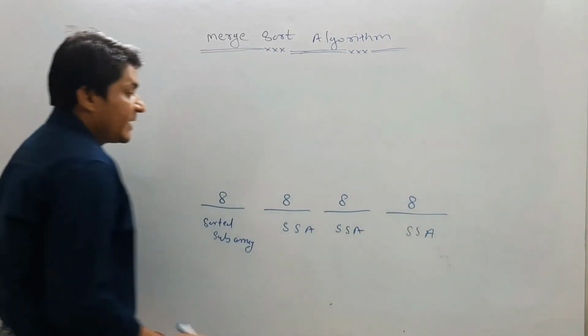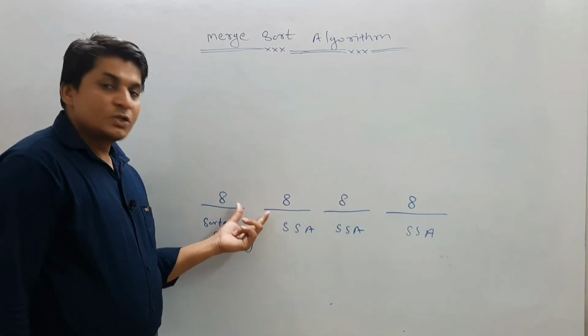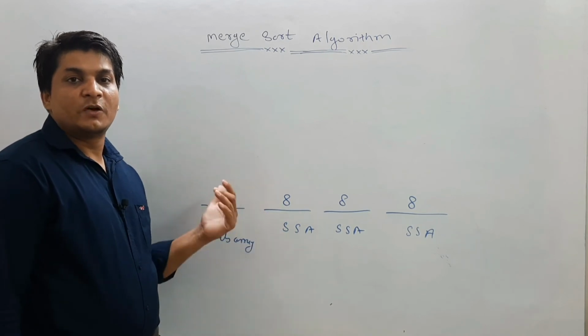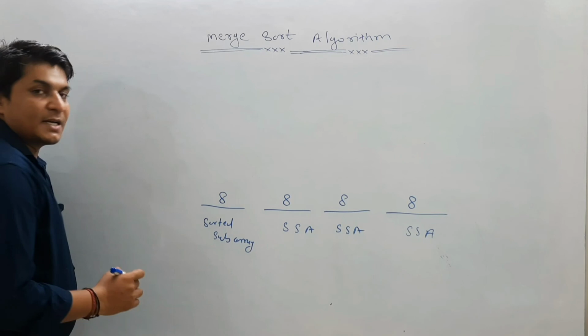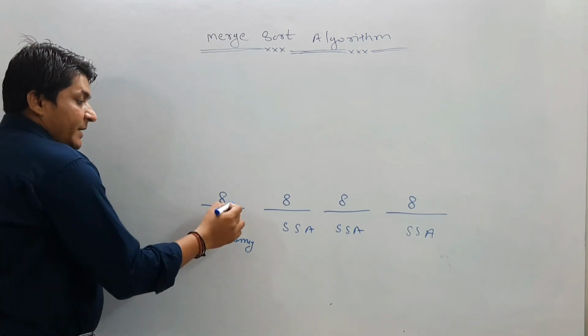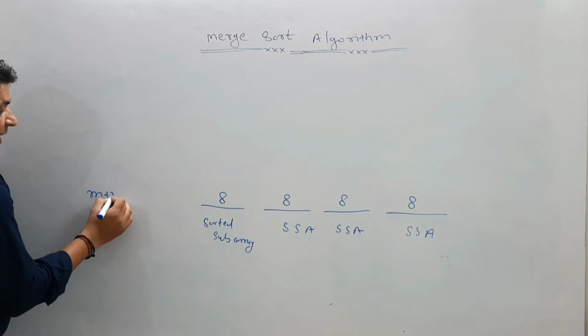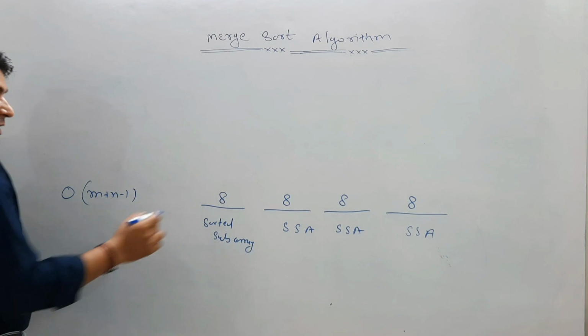Now what they are asking is, if you merge all these sorted subarrays, what would be the maximum number of comparisons in the worst case? See, in the worst case we know how many comparisons it will take: m plus n minus 1 comparisons, correct?